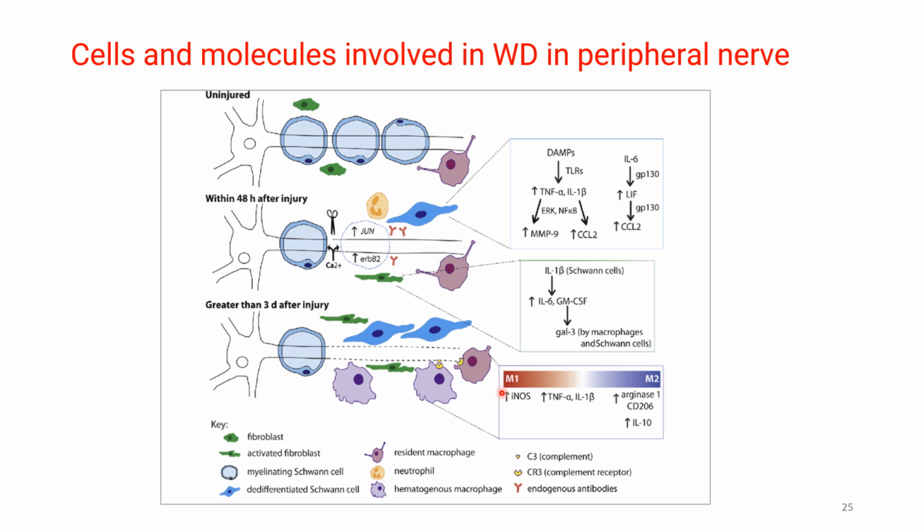There are two types of macrophages. The first type will be releasing iNOS, and interleukin 1 beta and tumor necrosis factor alpha. These are pro-inflammatory cytokines. And later on, M2 type macrophages will be accumulating. They will release interleukin 10, which is an anti-inflammatory cytokine.